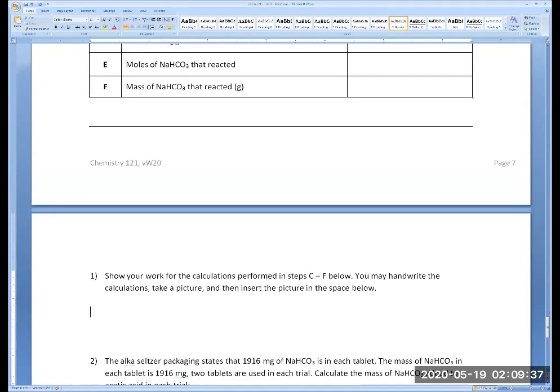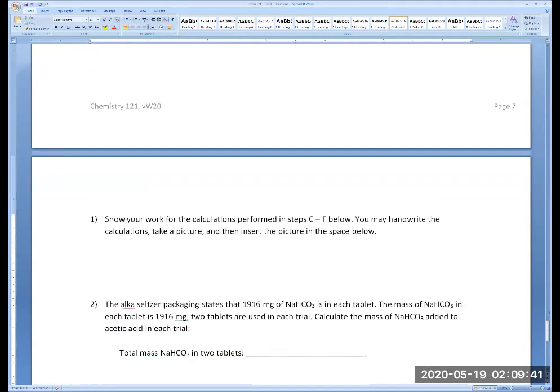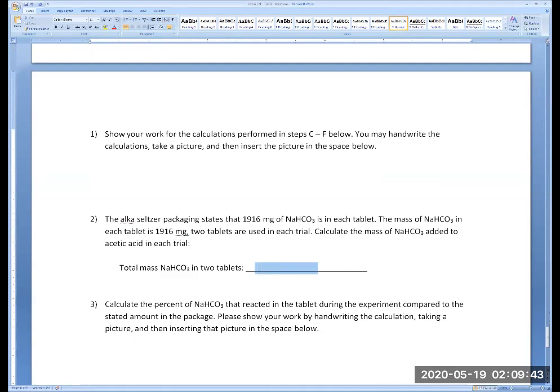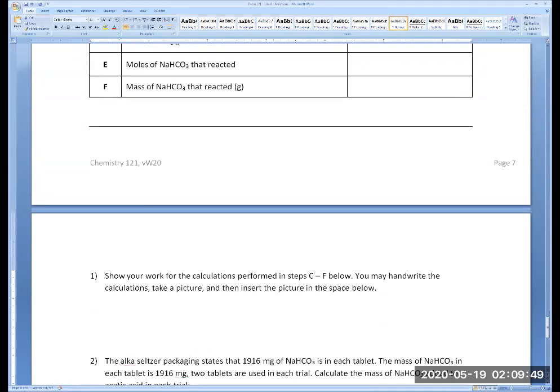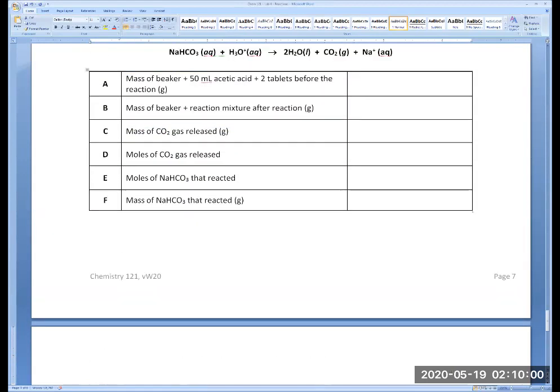Value F is the mass that reacted, and you want to compare it to the mass that is stated on the package. It's kind of the percent yield, where you take the actual yield, except that we cannot really call it a yield because NaHCO3 is a reactant.